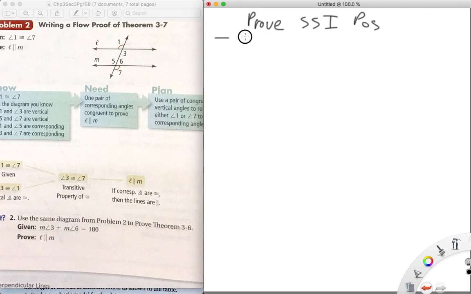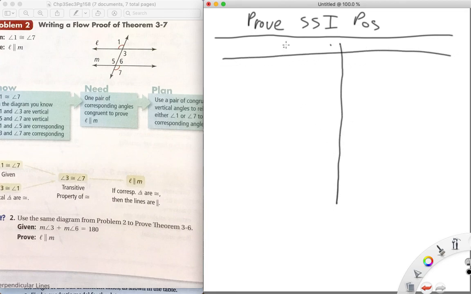The book sometimes doesn't make sense. This is one of those times. Okay. I almost don't want to do this because it's ridiculous.